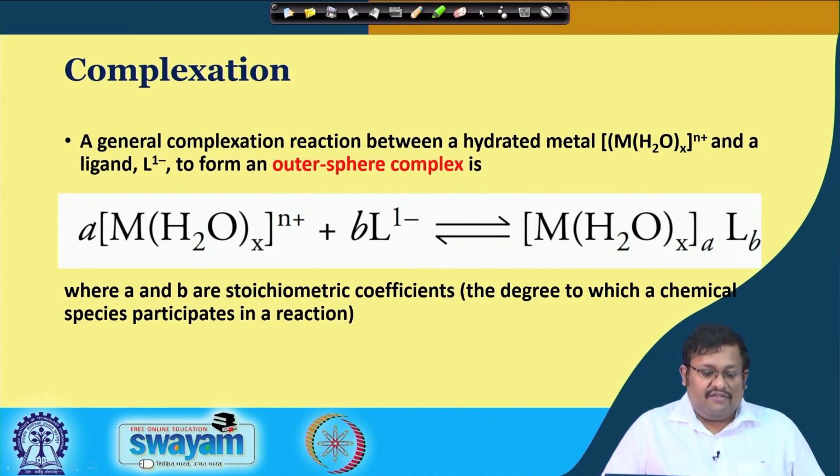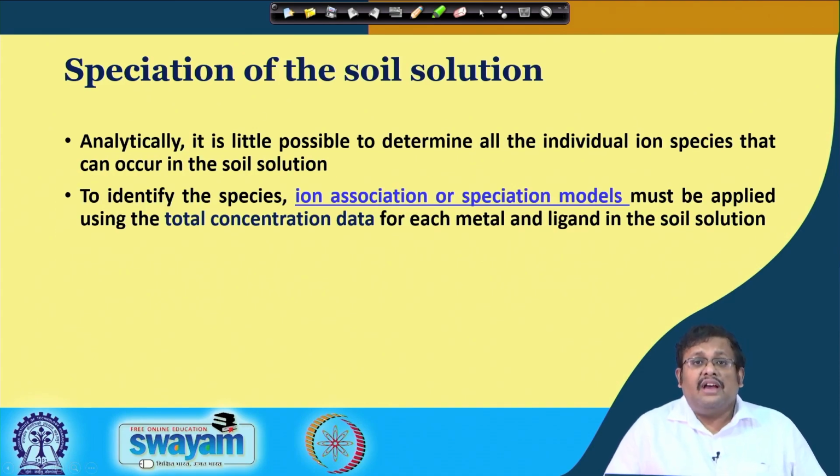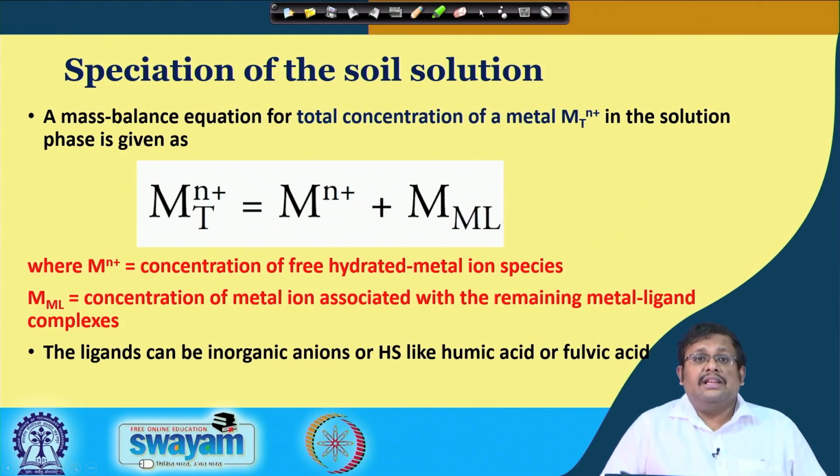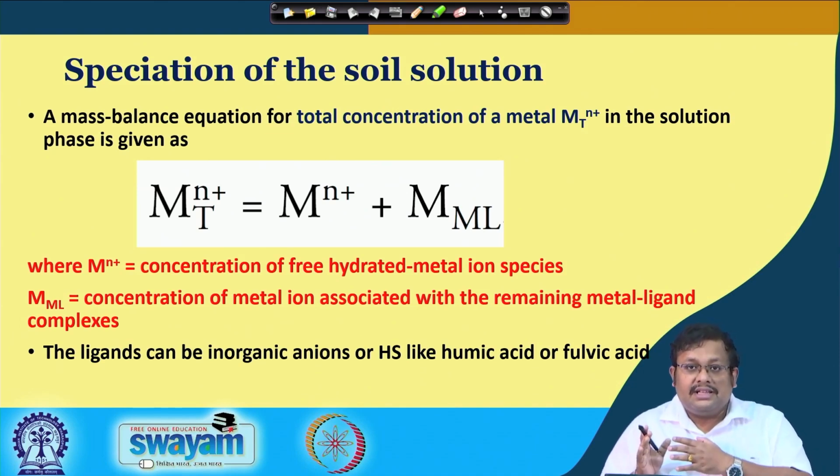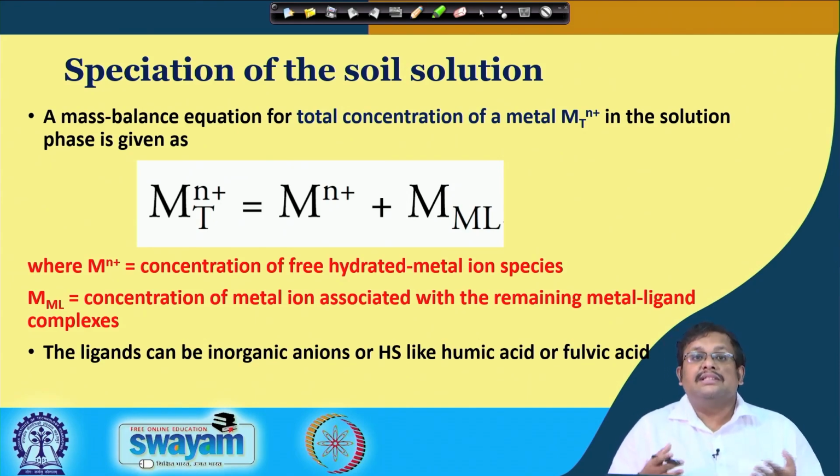We have discussed this reaction, and then we have talked in details about the speciation. That means a mass balance equation for total concentration of metal ions in the soil solution can be given as a summation of the concentration of the free hydrated metal ion species as well as concentration of metal ion associated with the remaining metal ligand complexes.